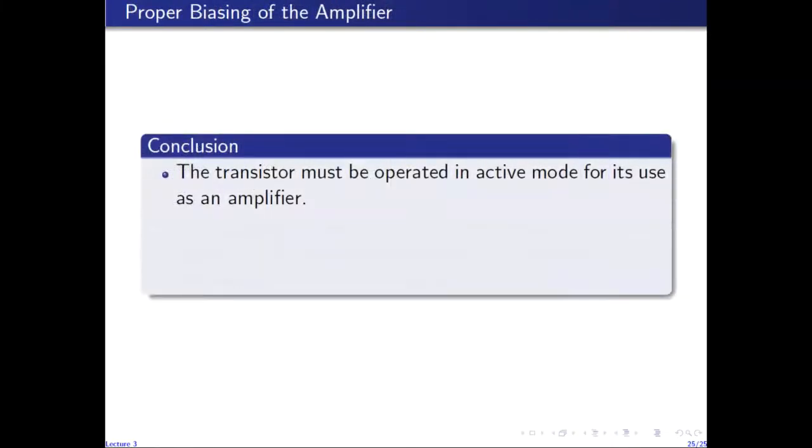So to conclude, the transistor must be operated in active mode for its use as an amplifier. As soon as the transistor enters the saturation or the cutoff mode, the gain is drastically reduced, and this reduction in gain manifests itself as either the clipping of the positive peak or the negative peak.